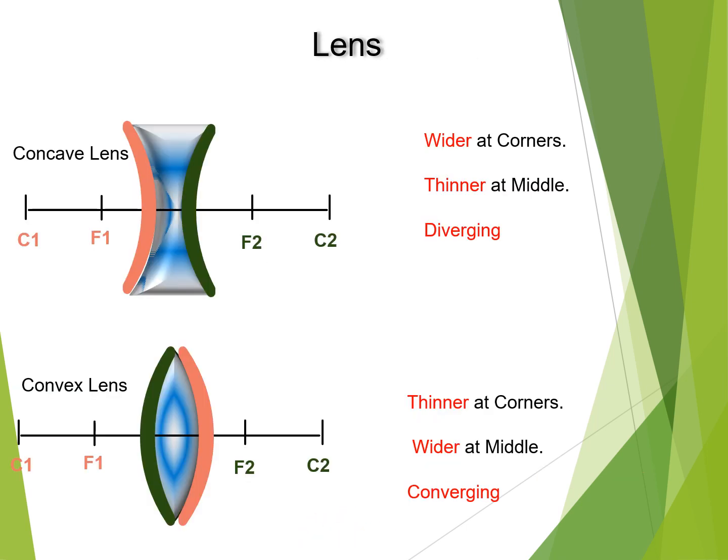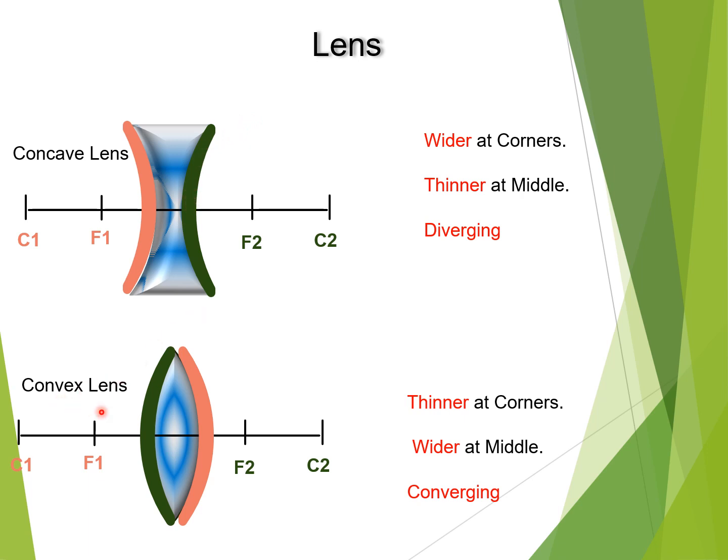Let us study about lenses. There are 4 types of lenses. One is concave lens, second is convex lens, third is plano-concave lens, and the fourth is plano-convex lens. You can see in concave lens and convex lens both the sides are having curve, whereas in plano-concave lens one side is plane and another side is having curve.